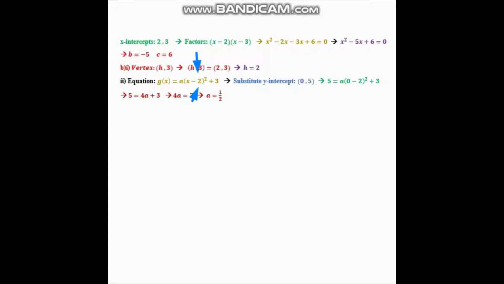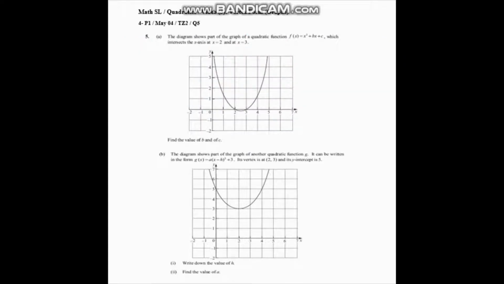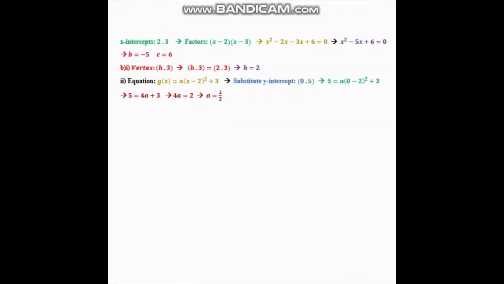I can simply substitute the point 0, 5 into the equation. 0, 5 is the point that they gave us in the question, both from the graph and right there. We know that the y-intercept is 5, so we have point 0, 5 that lies on our parabola. Hence, I'm going to substitute x with 0 and y with 5.